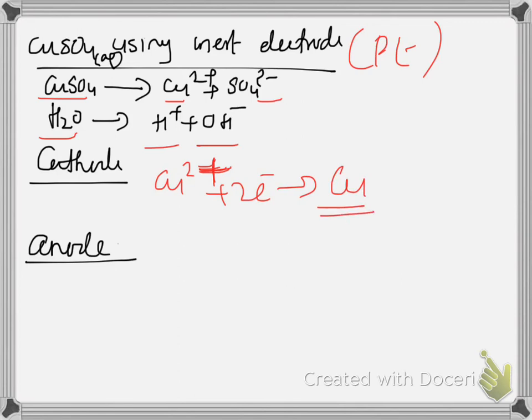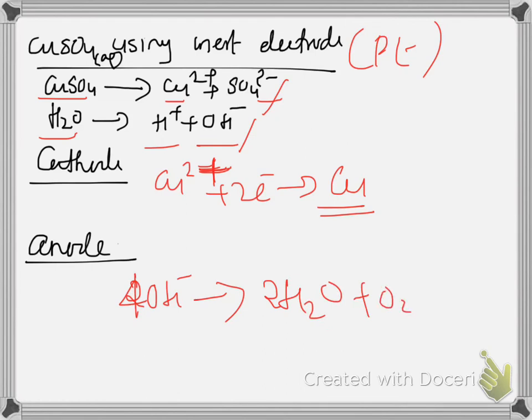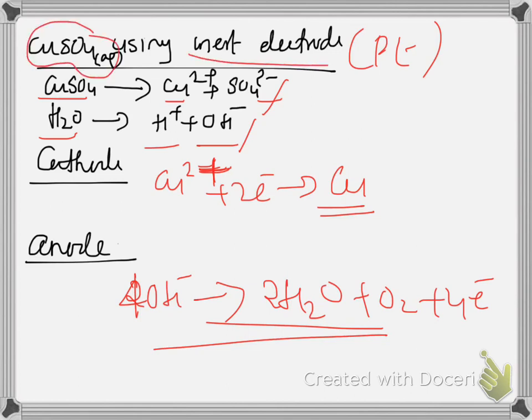And at the anode, we have sulfate and OH−, but OH− migrates towards the anode. 4OH− gives 2H2O + O2 + 4 electrons. This is the reaction at the anode if we use aqueous copper sulfate using an inert electrode.